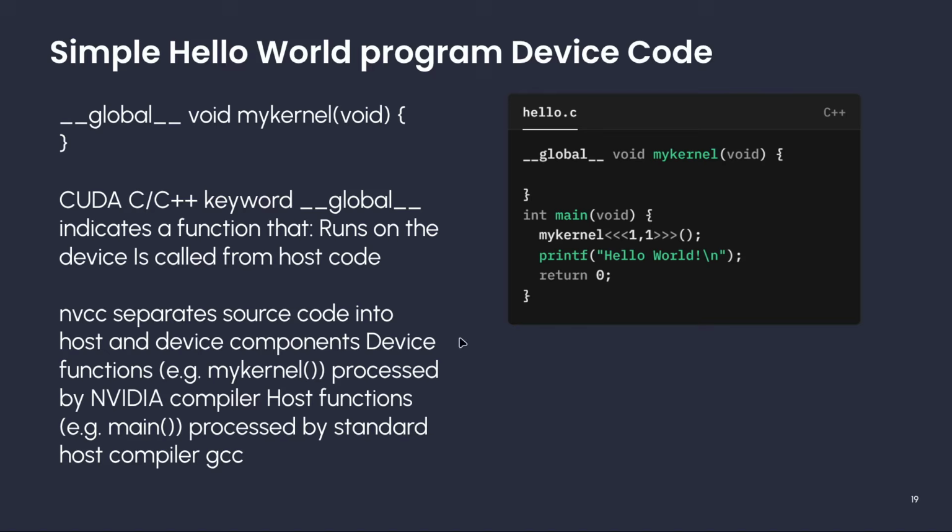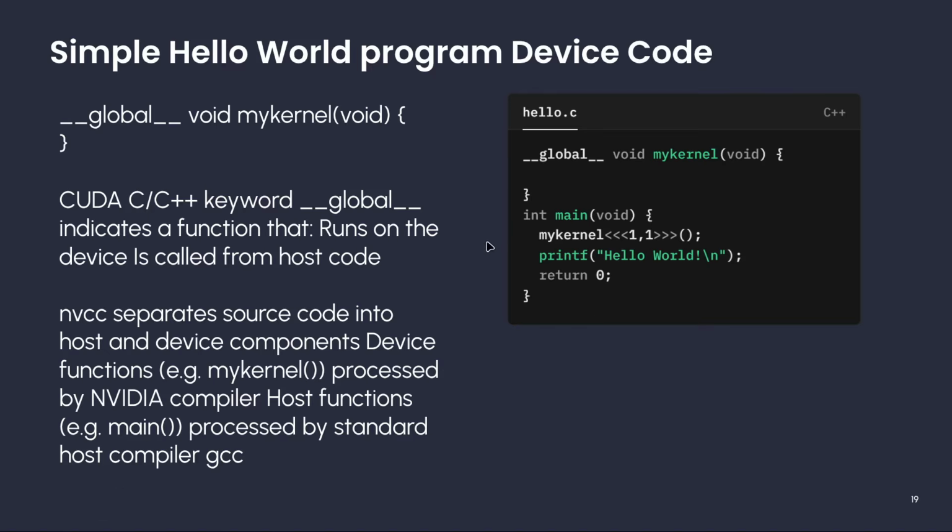NVCC separates source code into host code, the CPU code, and device components. GPU device functions, for example my_kernel, are processed by the NVIDIA compiler. Host functions, the CPU functions, are processed by the standard compiler, GCC.